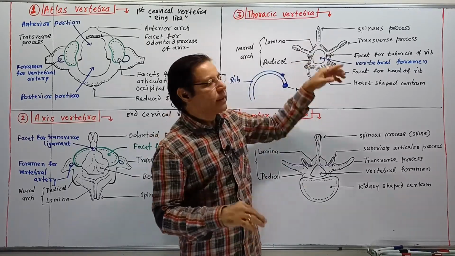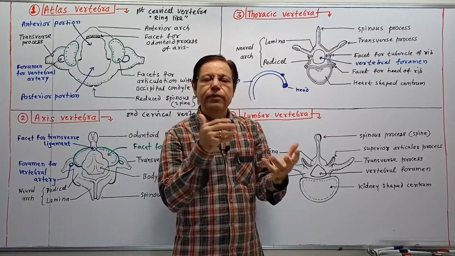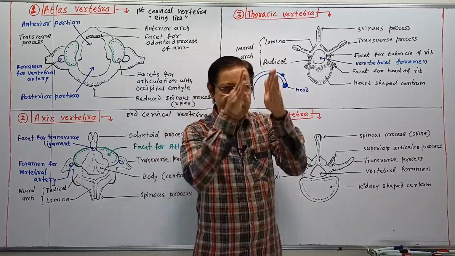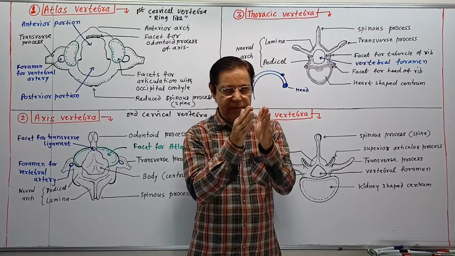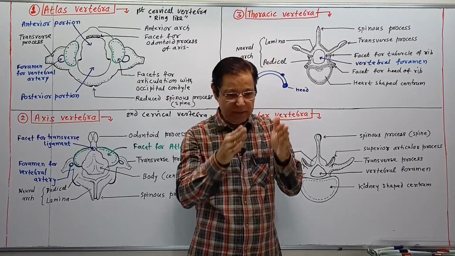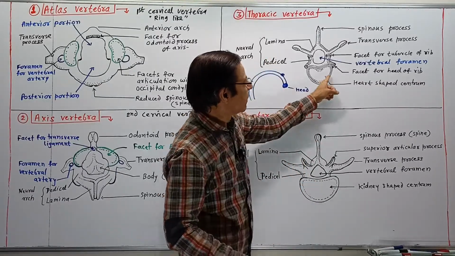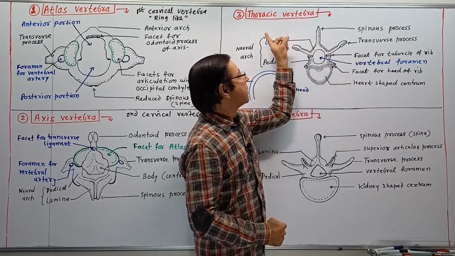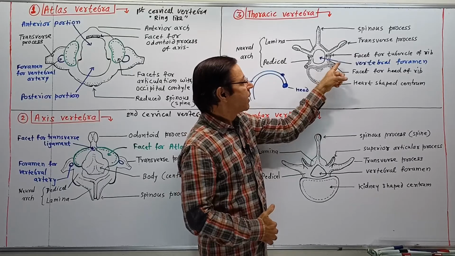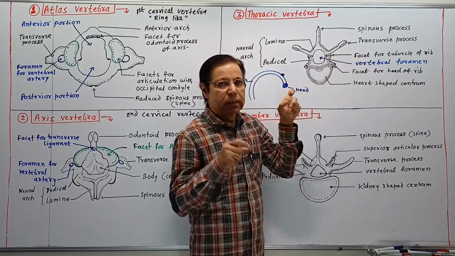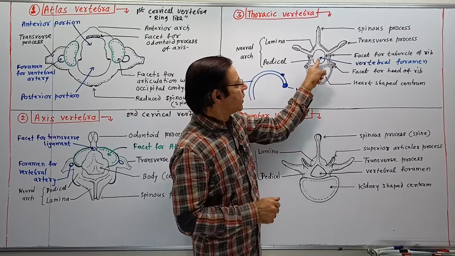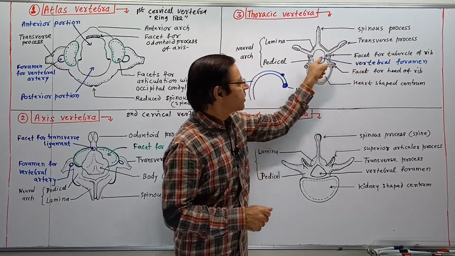They are of near about similar shape and size, with only a little difference in size from the first thoracic to the last thoracic. This is the remarkable feature of the thoracic vertebra: the heart-shaped centrum and the facets for articulation of ribs. Now, the vertebral foramen is somewhat oval.